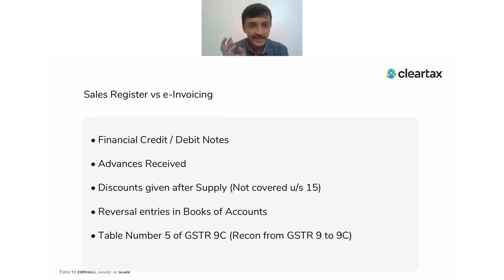The second one would be advances. In case of advances received for supply of service, the GST has to be remitted in the same month itself, which is not the case for goods. However, after TCS became applicable for the real estate sector from 1st April, or 1st October, that would also come into the picture.